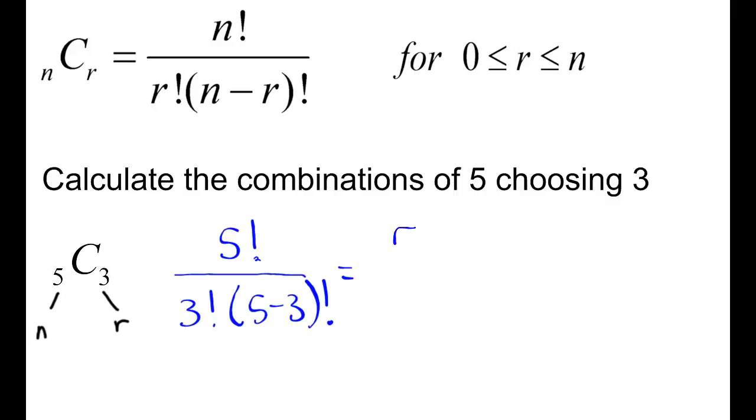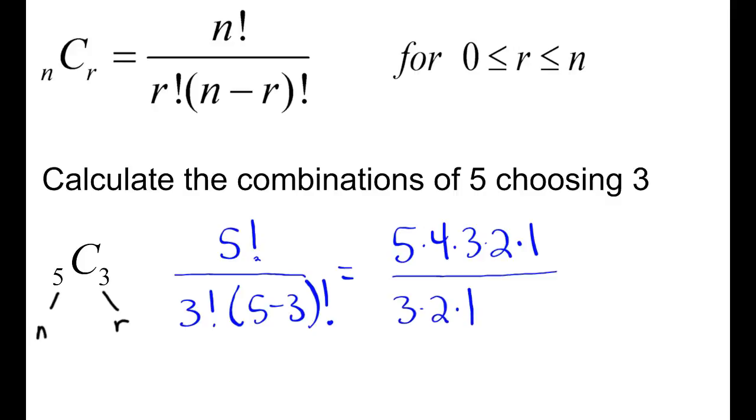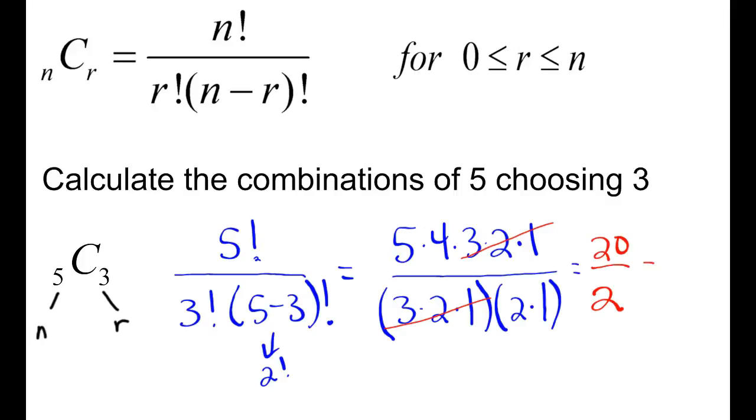So I end up with 5 times 4 times 3 times 2 times 1 all over 3 times 2 times 1, and this simplifies to 2 factorial, that's 2 times 1. So I can simplify. 3 times 2 times 1 cancels with 3 times 2 times 1. So I end up with 20 over 2, which is 10.